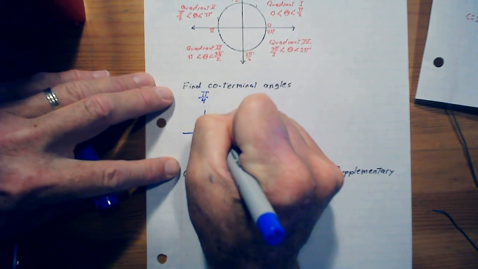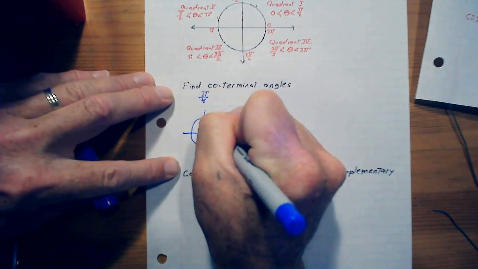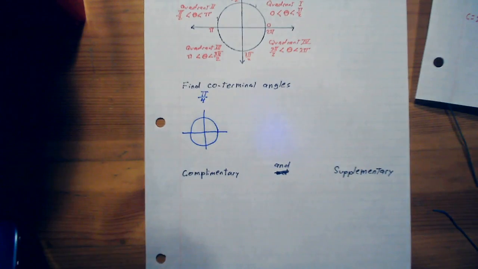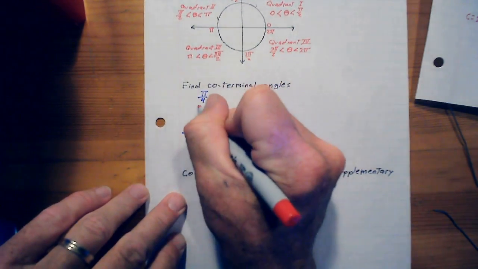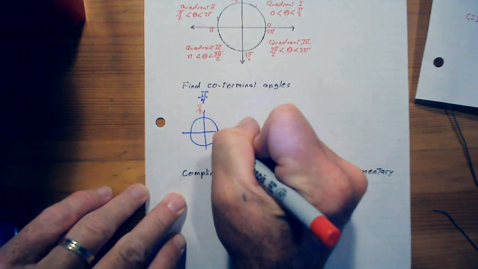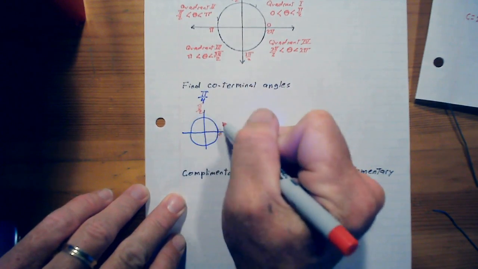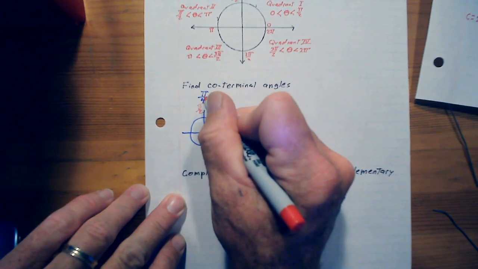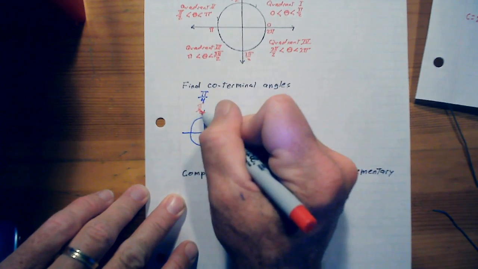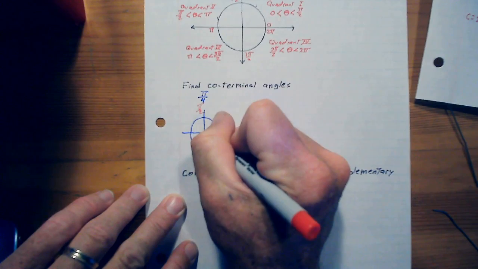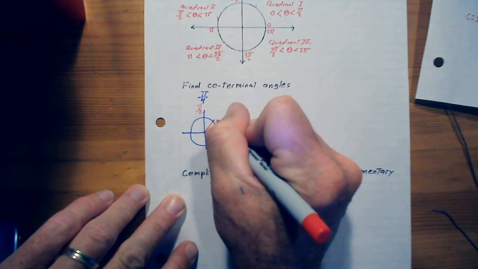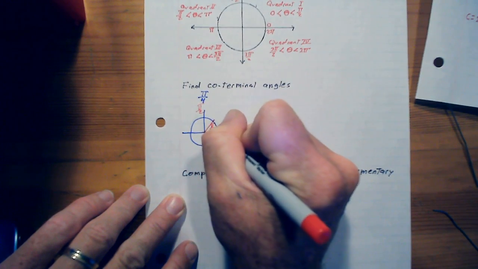Pi over 4. Well, since pi over 2 is up here, and 0 is there, pi over 4 is halfway between, a fourth of a pi is half of a pi, going to be right there. This is pi over 4.